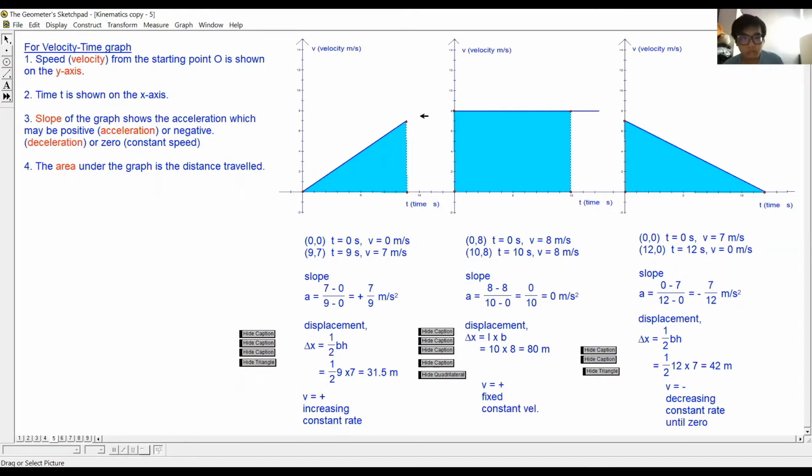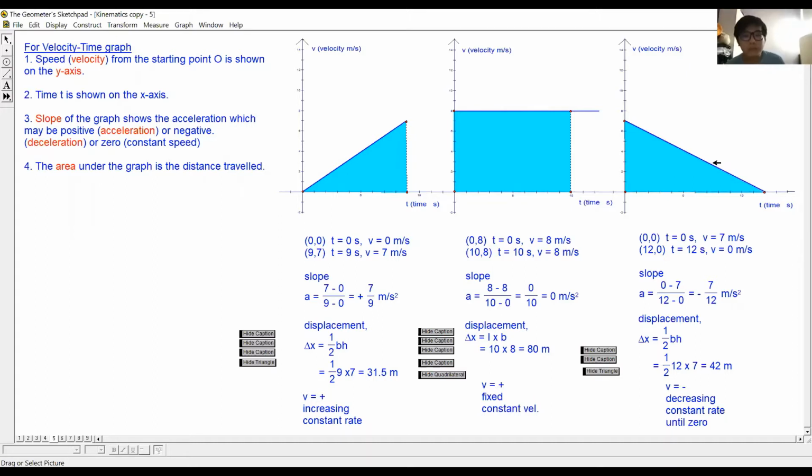Going up means acceleration, the velocity is increasing. Horizontal means constant velocity, the velocity is fixed. And going down means deceleration, the velocity is decreasing.